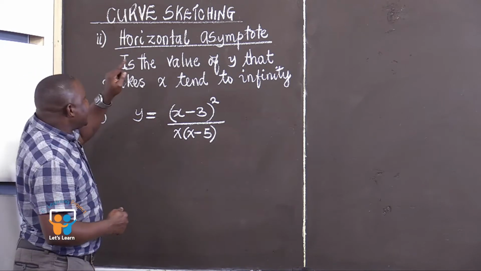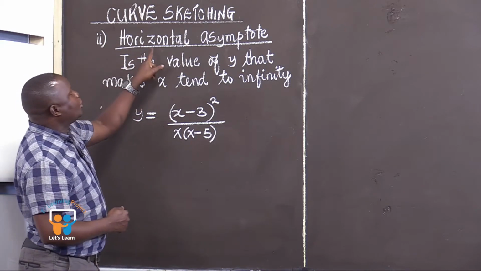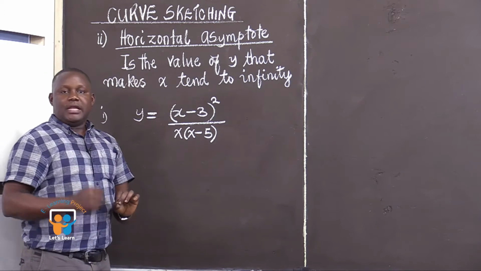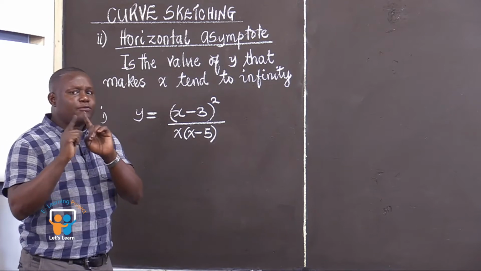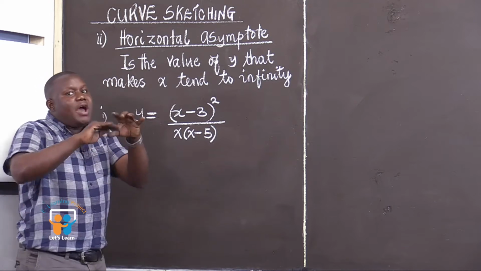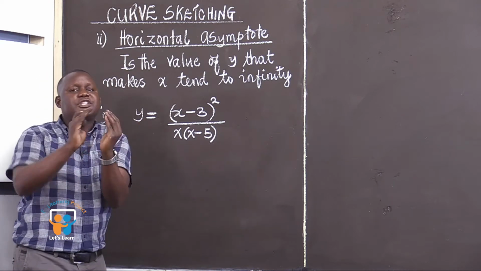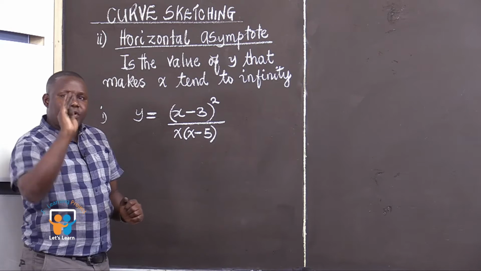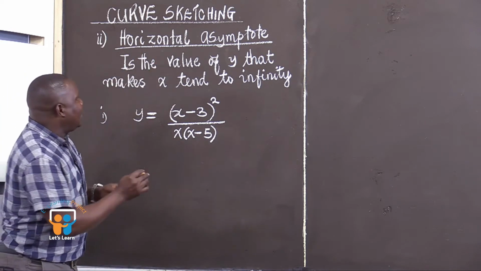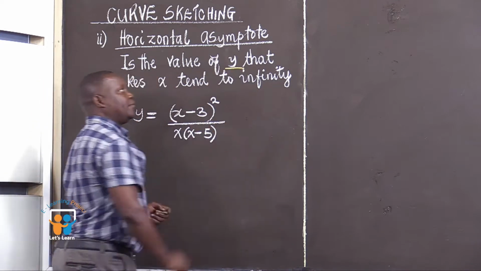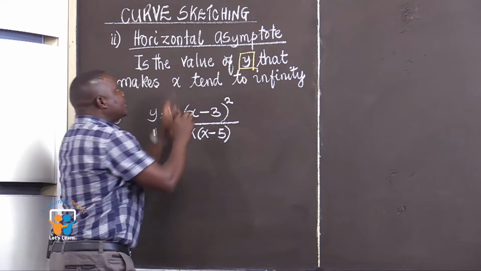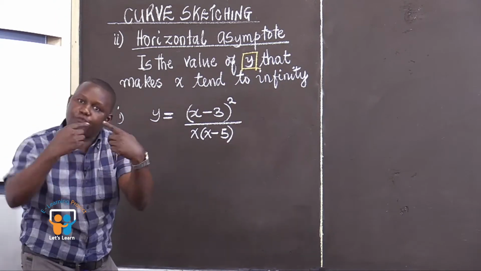Now, remember we said there are three types of asymptotes. The second type is what we call the horizontal asymptote. The horizontal asymptote this time is the value of y, meaning that the horizontal asymptote must always appear as a value of y.